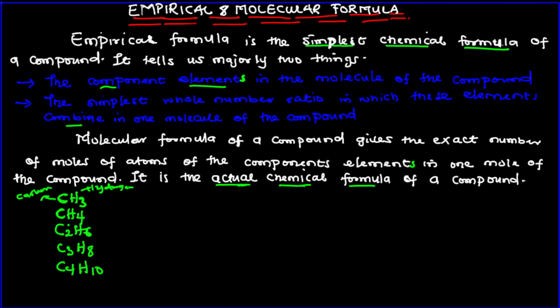It shows us the simplest whole number ratio. So now let's look at the ratio in which everything combines, and see the ones that are empirical formulas and the ones that are not. The ratio in which carbon and hydrogen combine here is 1:3, right? This is one molecule of the methyl group.